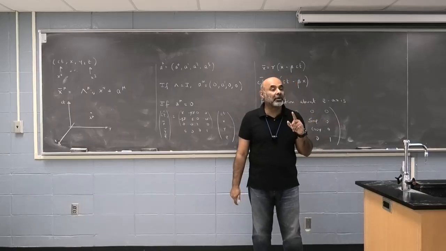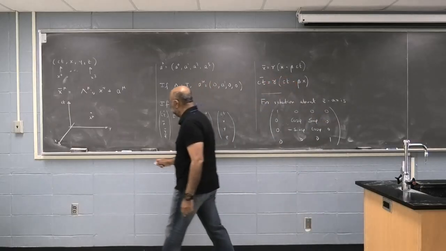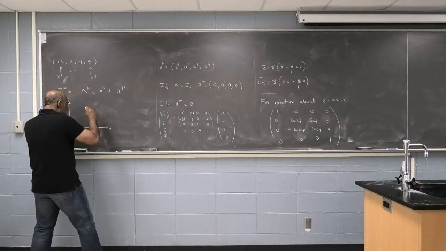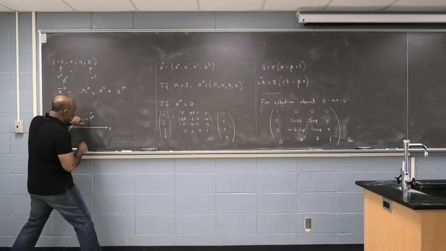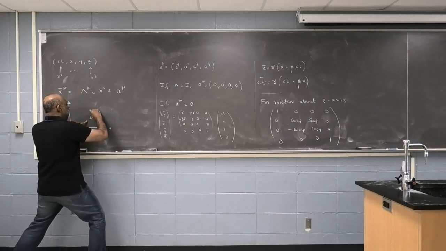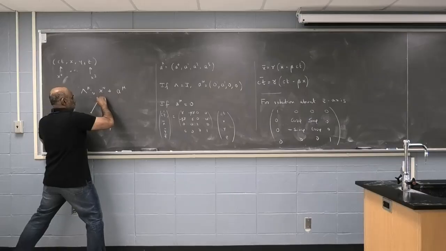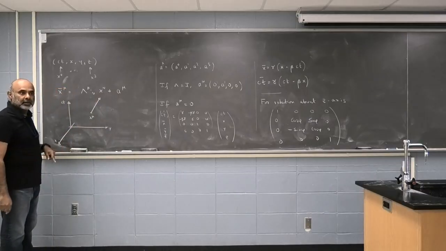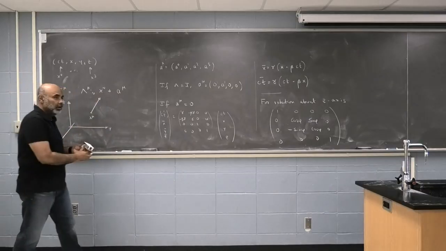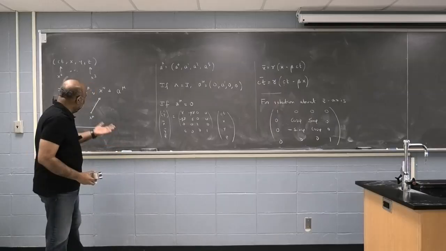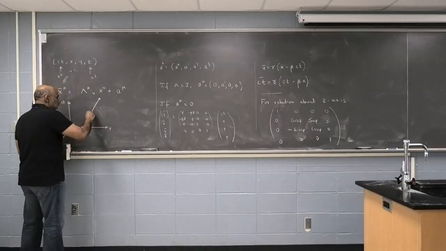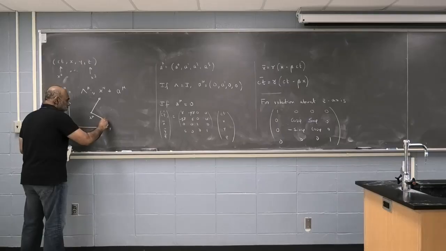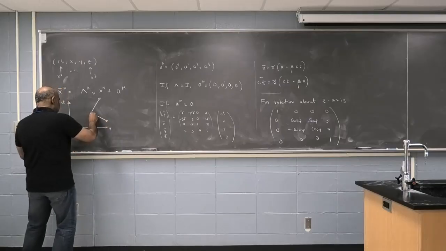But for it to form a vector, intuitively, a vector at this point should look like this. I could even make it parallel to the x-axis.